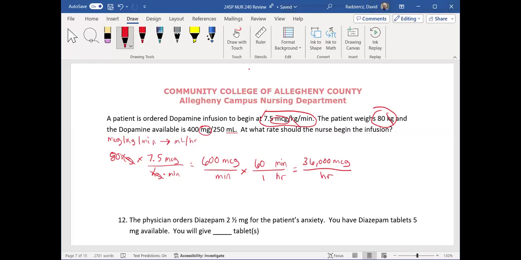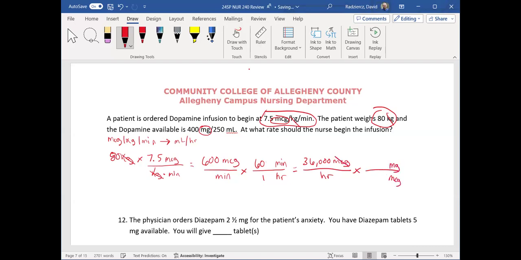So what you want to do is convert either milligrams to micrograms or micrograms to milligrams. It's really up to you. But since we're here and it's good practice, why don't we convert micrograms to milligrams? I'm going to do that by setting up another conversion factor, micrograms, milligrams.